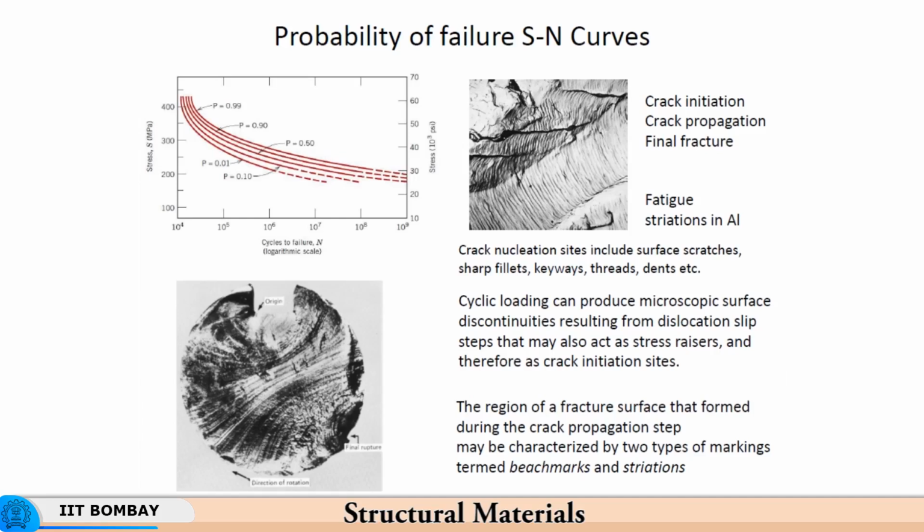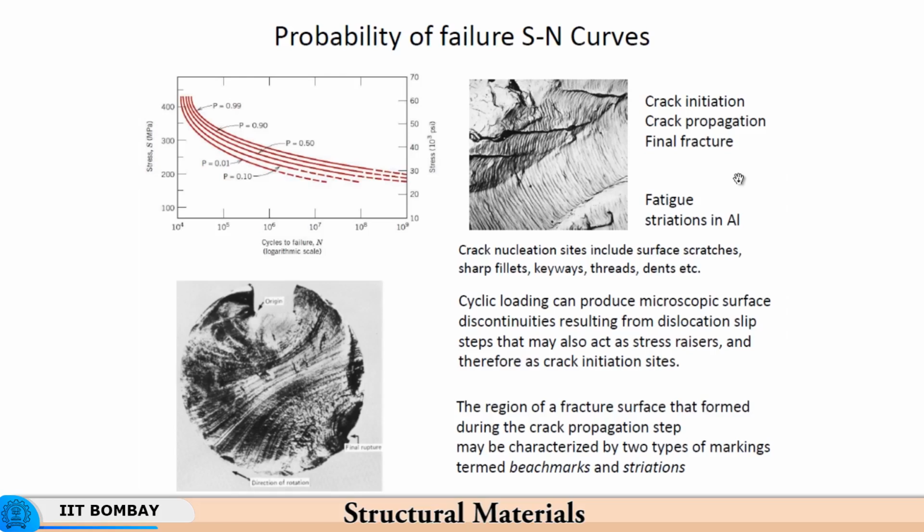Most samples fail above that fatigue limit. So basically you draw the fatigue limit based on the probability of failure. So you can have different SN curves for different probabilities of failure. If you want high reliability, you can have an SN curve corresponding to 0.1, that is 10%. Here it is 1% probability of failure.